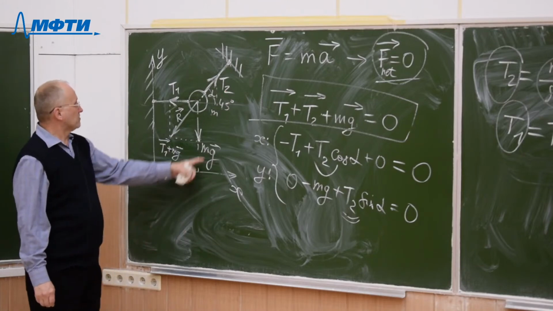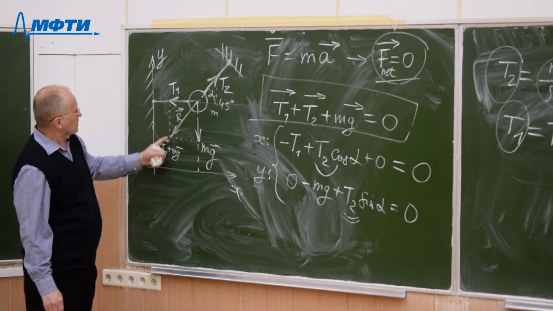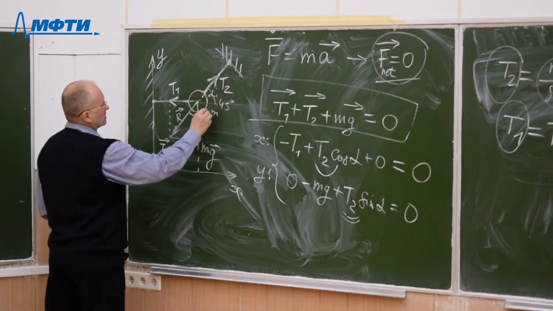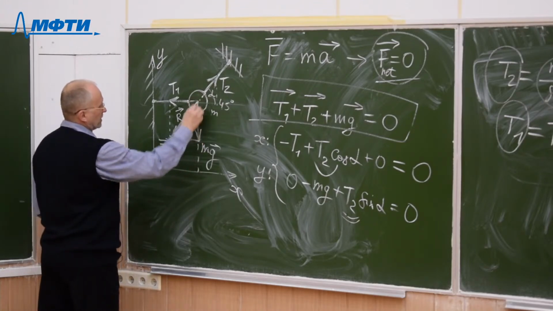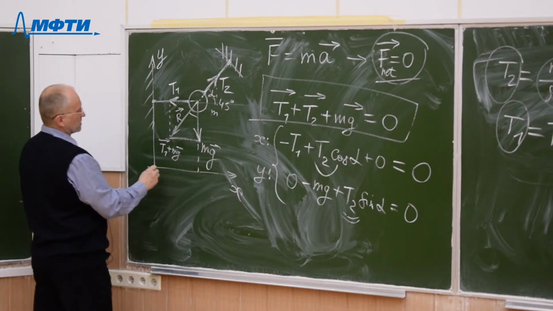So from consideration of this triangle, if this angle is 45 degrees, then we find that this is an isosceles right triangle, and one leg is mg, so another leg in magnitude must also be mg.